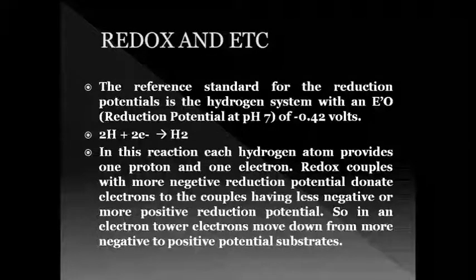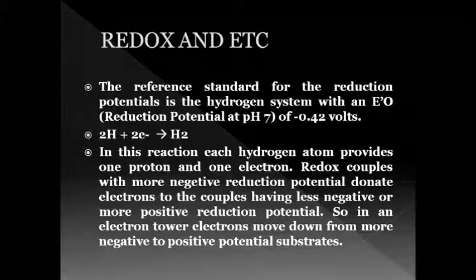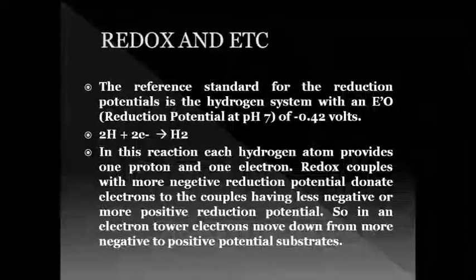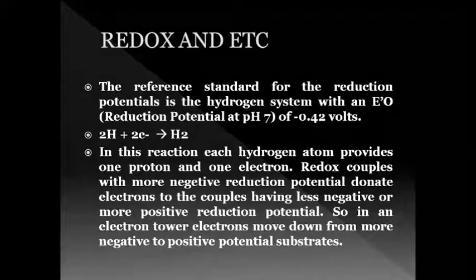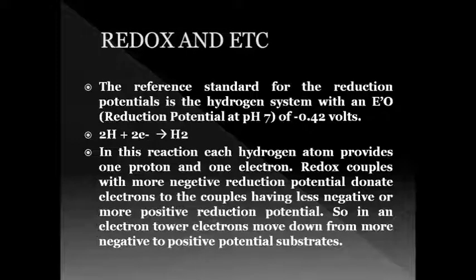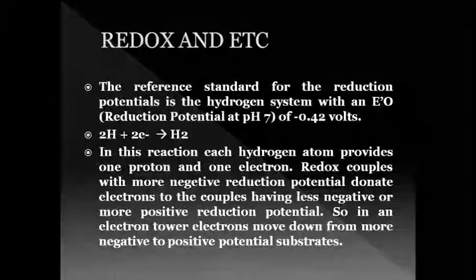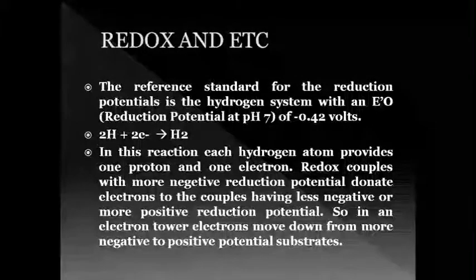Here the reaction that takes place is two hydrogen ions binding with two electrons to form a hydrogen molecule. Here each hydrogen atom provides one proton and one electron. The compounds having a more negative reduction potential can donate electrons to the compound or couple with a more positive reduction potential.